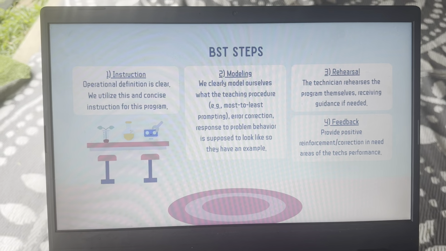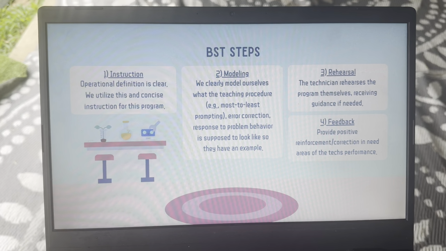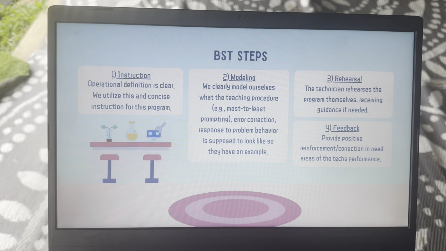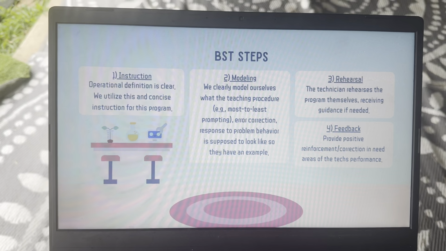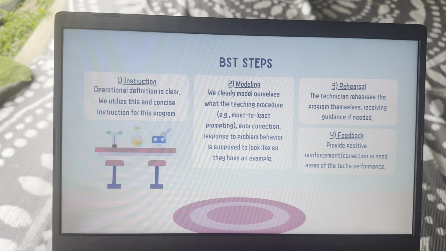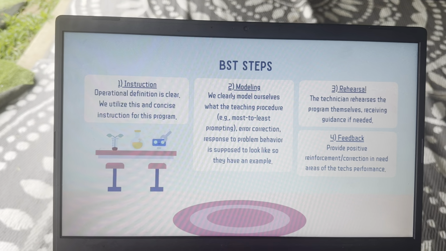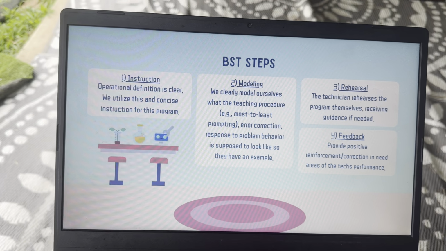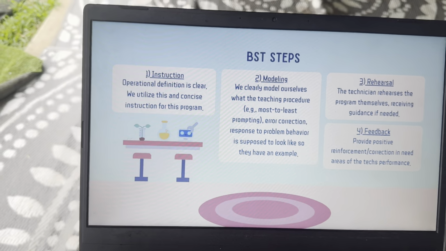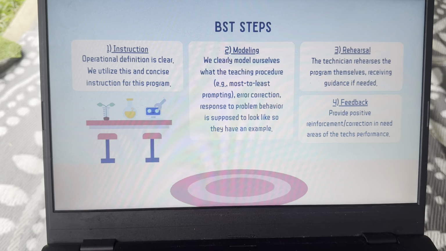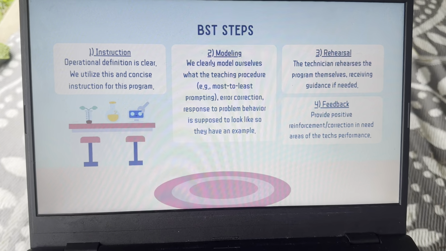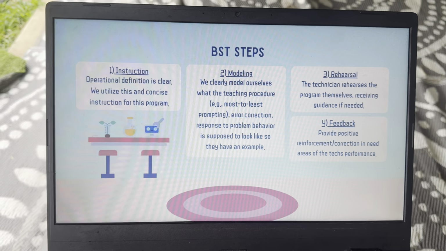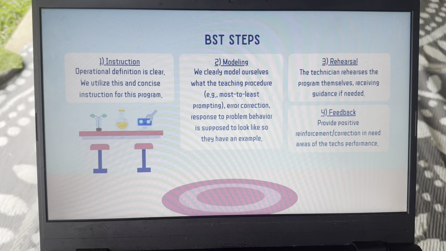We're then going to do modeling of the error correction, however we are correcting that behavior. And we also want to model our response to problem behavior that may or may not occur when we're running this specific program, so that the technician has an example of this happens and this is exactly how we want to respond. We want to make sure that we model that with them just observing first, and then we move into rehearsal.